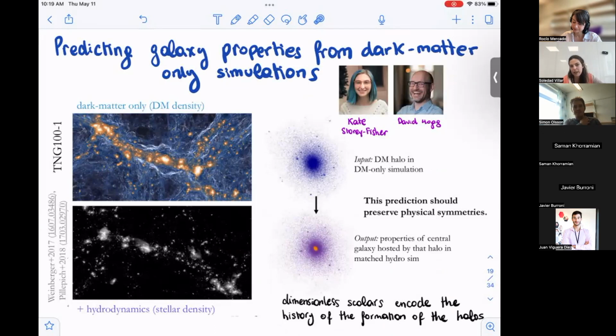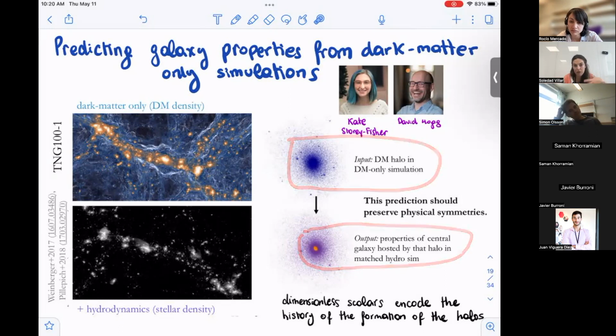Basically, they have two kinds of simulations. One is hydrodynamic simulations, which are very expensive to produce, and the other is dark matter only simulations, which are cheaper. So what they want to do is predict properties of the expensive simulations using the cheaper simulations, using machine learning.